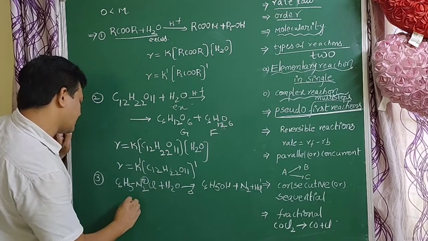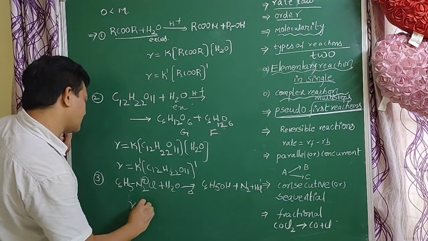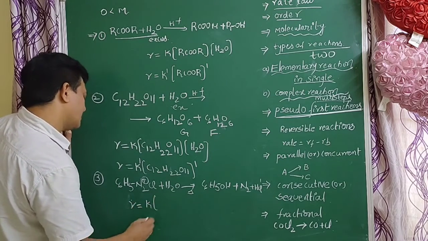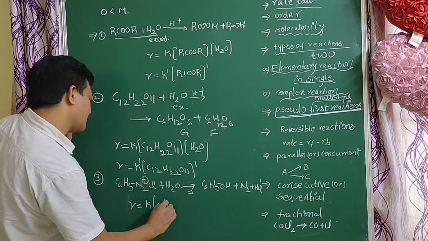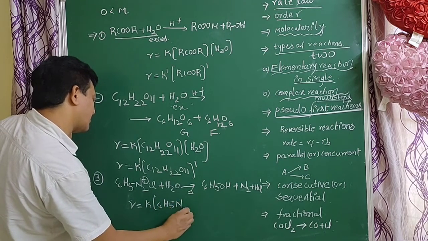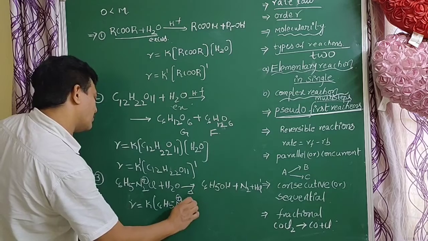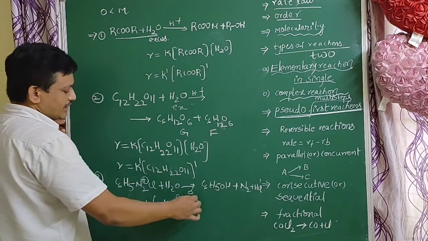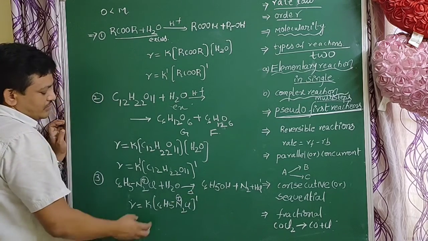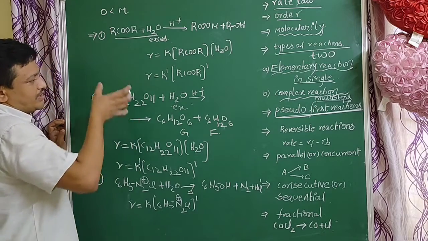So this is also rate equal to K into diazonium chloride. The rate depends only on diazonium chloride, not on water. That's why the order of the reaction is 1. So this is also a pseudo first order reaction.